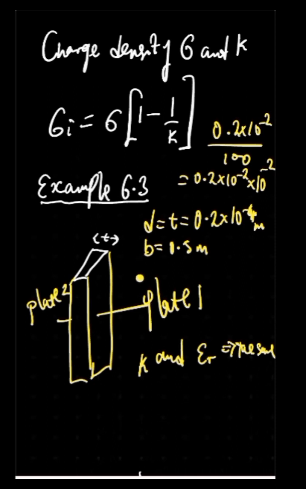So they gave you dielectric constant K, or relative permittivity, to be equal to 2.8. So what is the question? Find the length required. In my mind, it is easy.